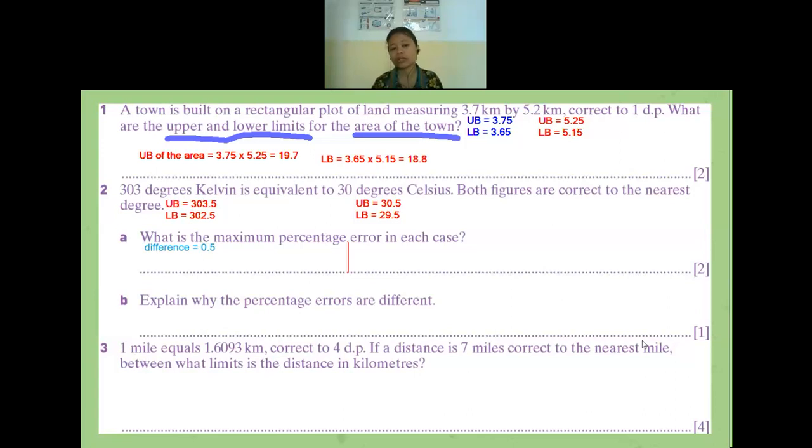So when you know that the upper bound is 303.5 and the number given is 303, can you find the difference? To find the difference, you can just directly subtract. If you cannot count, you are allowed to use a calculator. 303.5 minus 303 is 0.5, right?